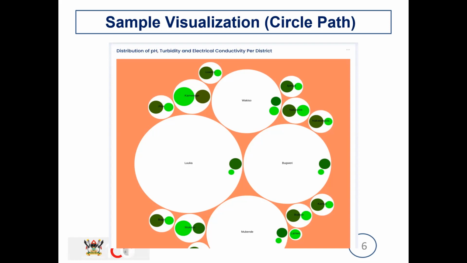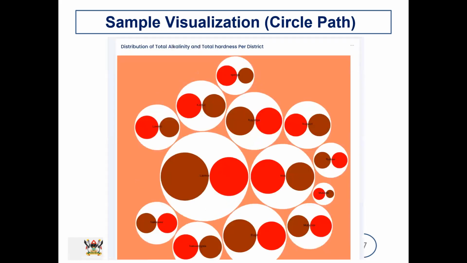What the user basically does is that as they click on the circular representation, it's able to dig down deeper into the representation of those actual variables. If you look at the bigger picture, you see that these circles are dependent on the magnitude or the absolute values for those parameters.